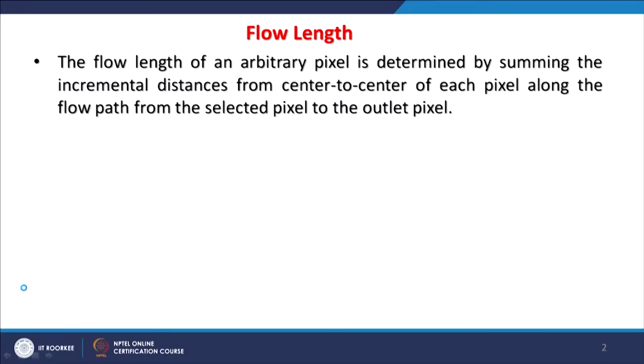Now the next output or derivative which we derive through surface hydrologic modeling is called the flow length. Flow length is basically determined by summing the incremental distance from the center to the center of each pixel or each cell, because here we are using a digital elevation model, so instead of pixel you can use the word cell more appropriately, along the flow path.